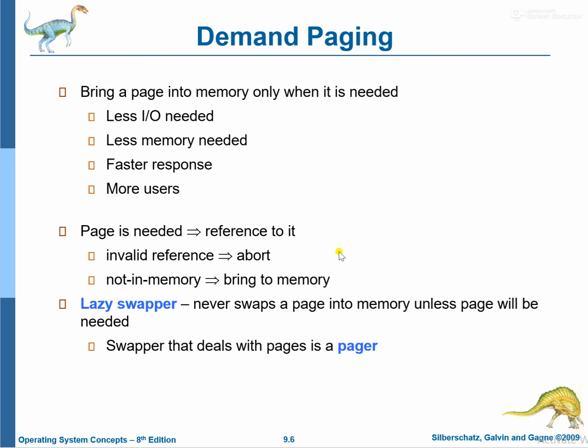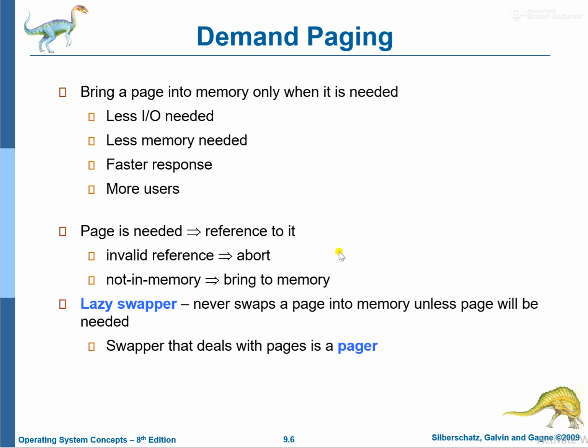Okay, in the demand paging scheme, the basic idea is that instead of loading the entire program into memory, you only load those pages into memory which are required. Let's suppose we have a program which has a list of different options available, and the user has to select some options out of it.